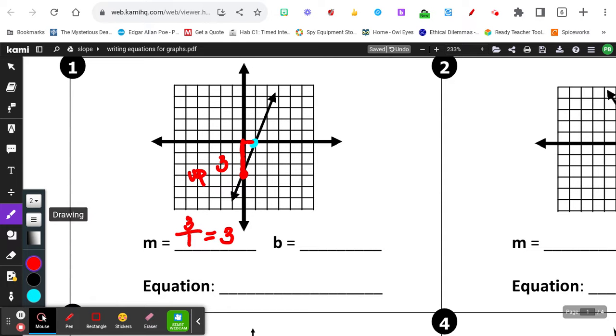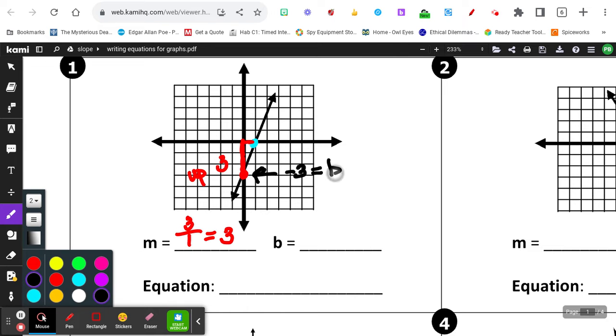And where does it touch the y-axis? Well, it touches it right here at negative 3. So your b is negative 3. So the equation is y equals 3x minus 3.